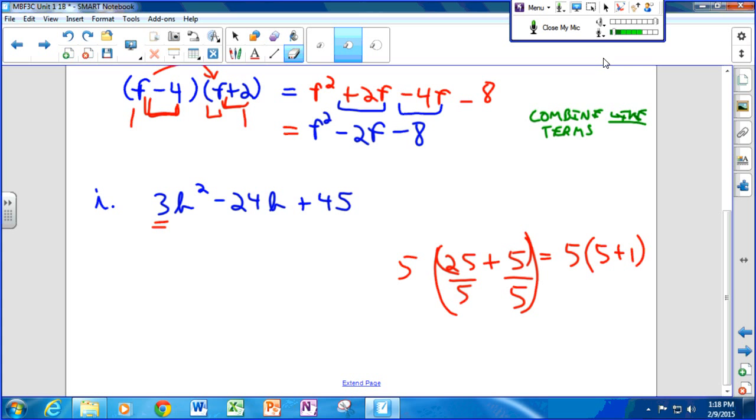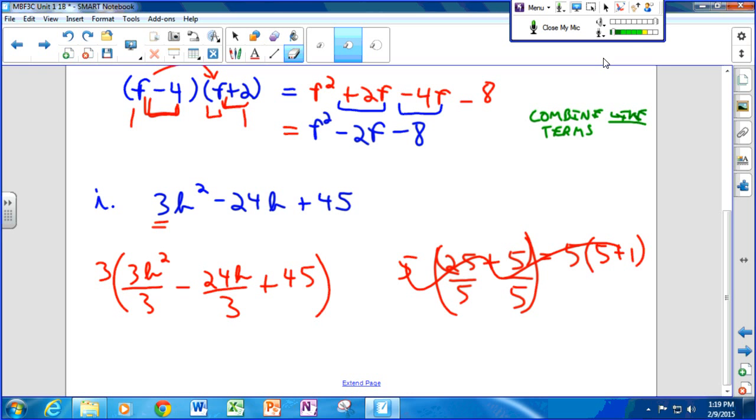So we're going to do the same thing for I over here. We're going to multiply the whole thing by 3, and then we're going to divide each of the terms by 3. Now, once you get started doing this, there's a very high likelihood that you probably won't necessarily show this step because it's usually pretty straightforward.